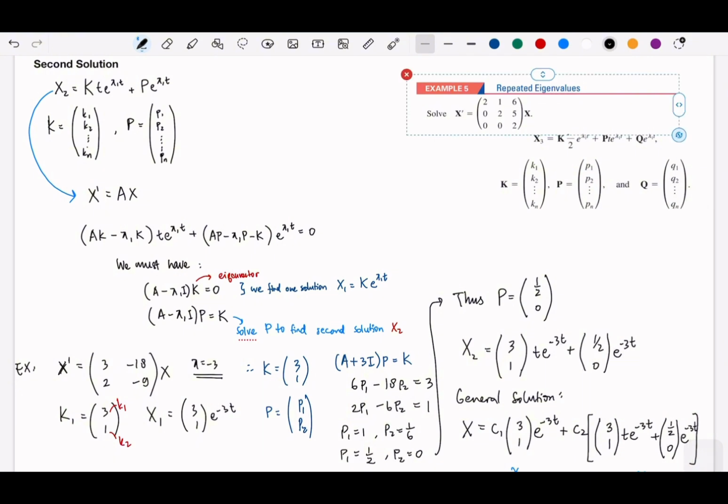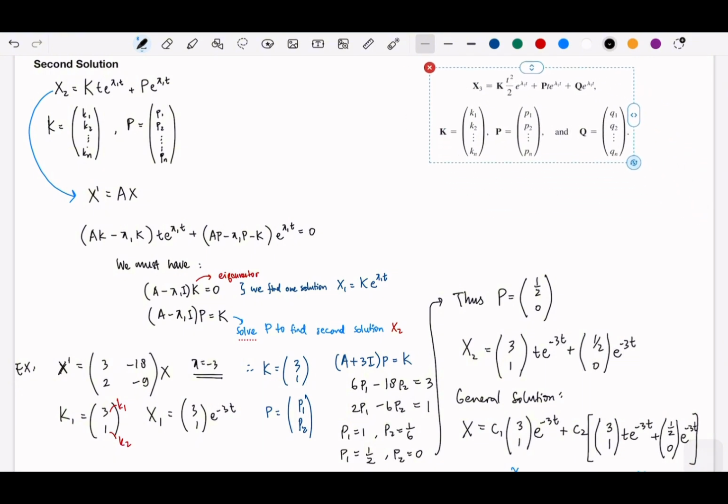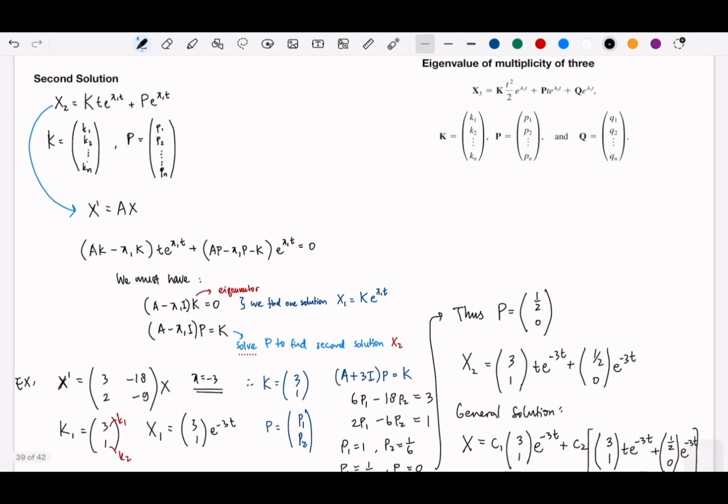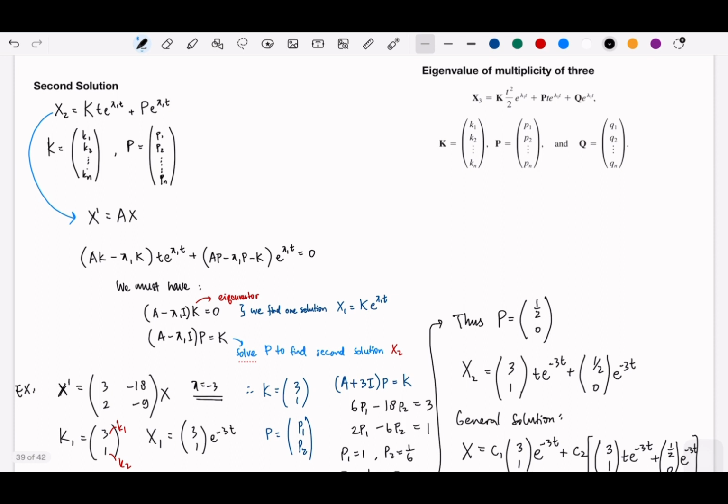Let me erase this for a while. This is for the 3 by 3, multiplicity of 3. So now we have x3 for the multiplicity of 3.